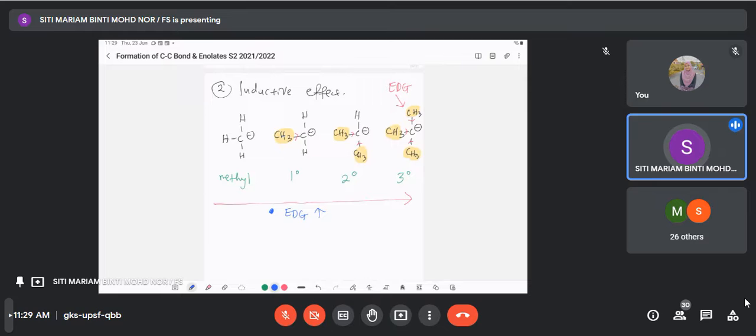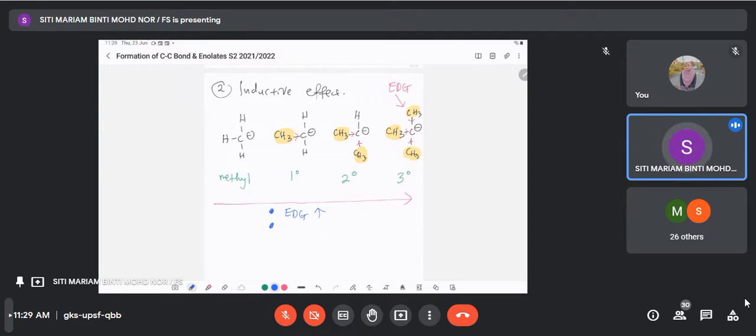You can see different classes of carbanion. Based on the structure of the carbanion, the number of electron donating groups increases from the left to the right. From the left, 0 EDG. The second structure has 1 EDG group. The last structure on your right has 3 EDG groups. So from left to right, EDG groups increase.